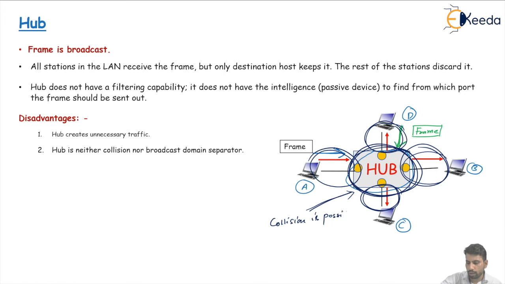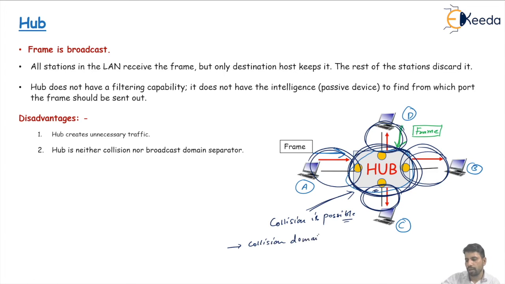Collision means that when the frames of two particular machines collide together, they are dropped or lost in the cable or in the network. Collision is possible at the hub, which means the collision domain is the hub itself.